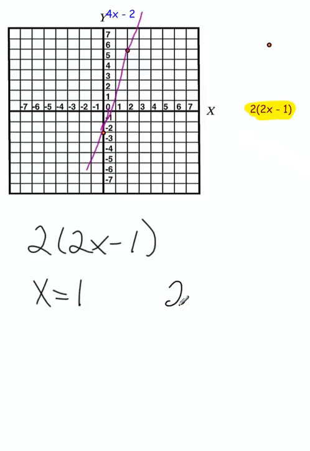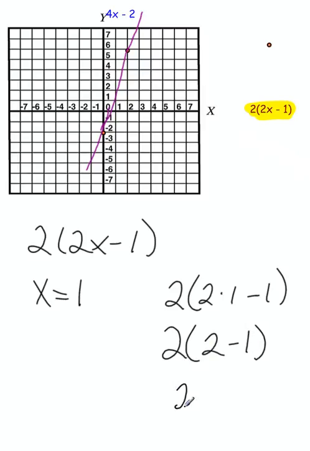We're going to get 2 times 2 times 1 minus 1, which gives us 2 times 2 minus 1, which gives us 2 times 1, which is 2. So our first point is going to be 1, 2. Let's try that. 1, 2. Interesting. It's on the line that we just drew.